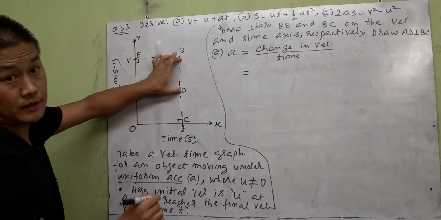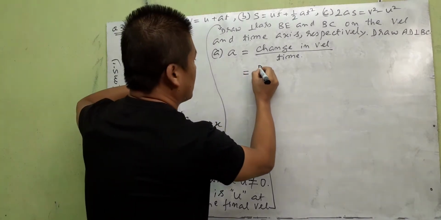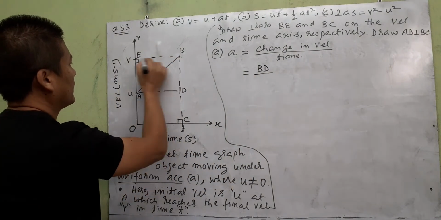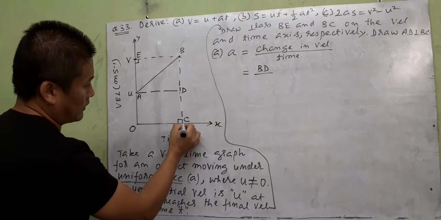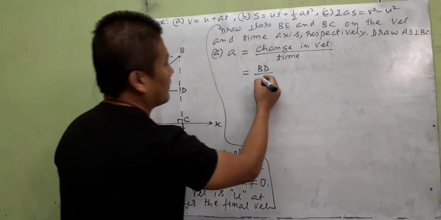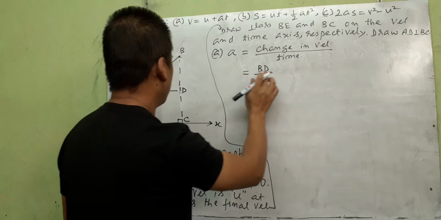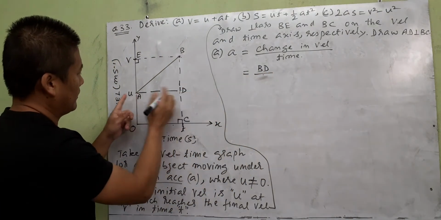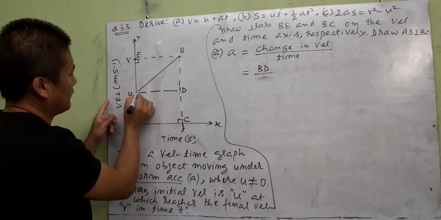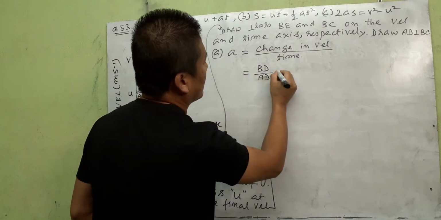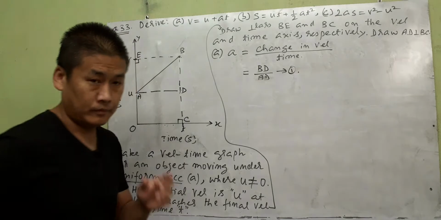So the change in velocity is this much, which is BD, divided by the time it took to reach from u to v, as you can see here, t. So we write BD by AD. Let's keep this one as 1.